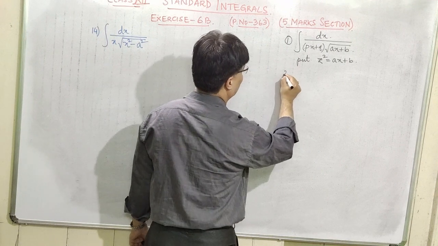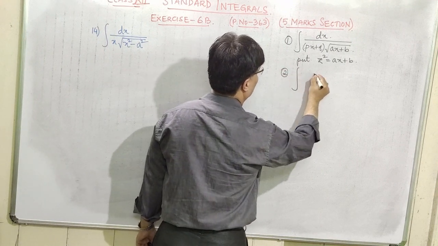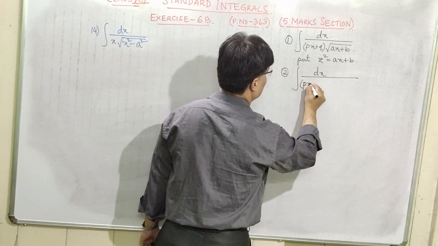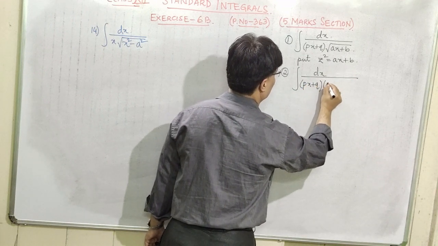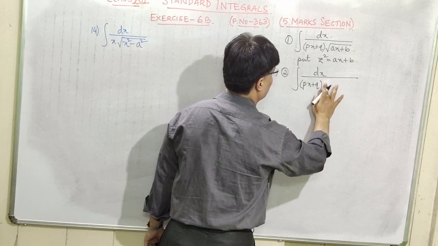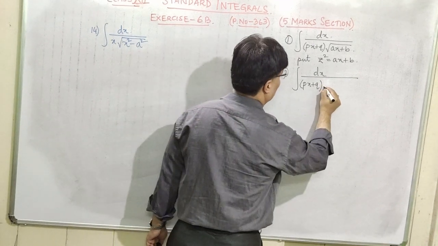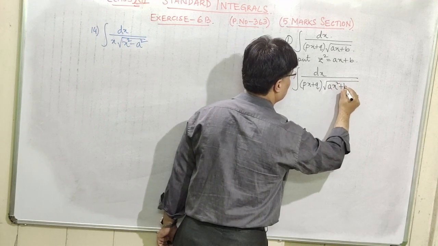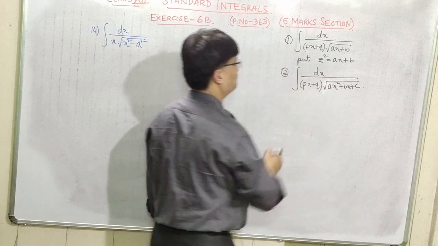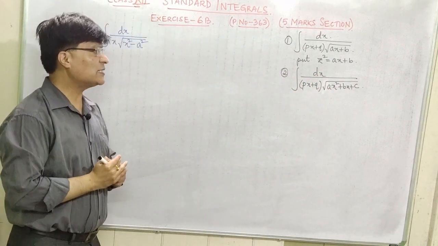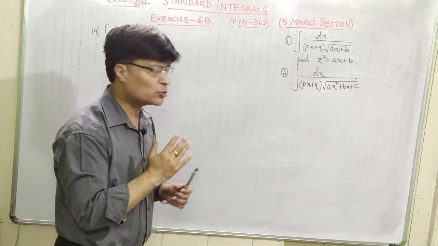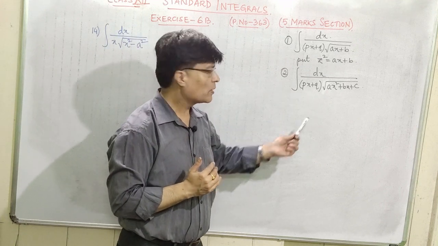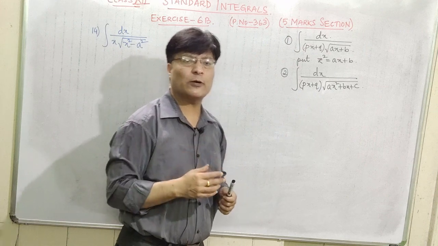And there was a second type of integration, that is number 2, integration of dx divided by px plus q into root over ax square plus bx plus c. Now in this case, in the denominator outside the square root there is px plus q, and here the power of x is 1, and within the square root what is the highest power of x?